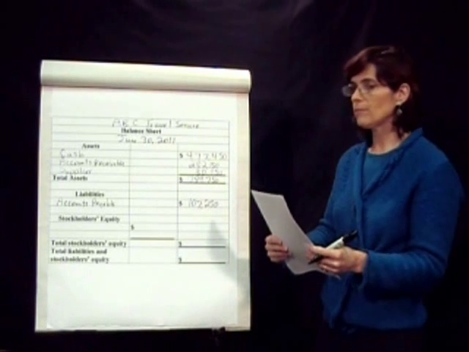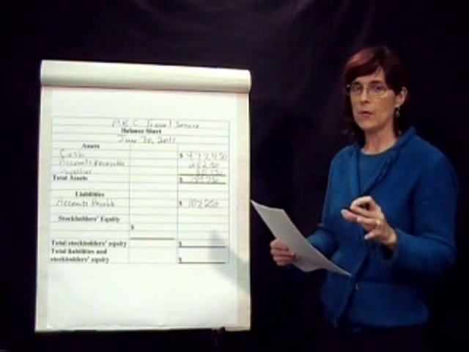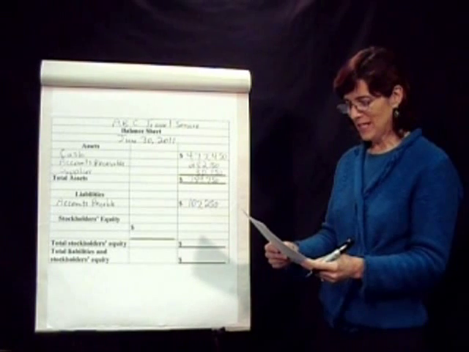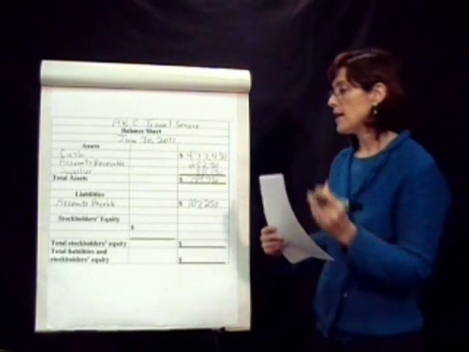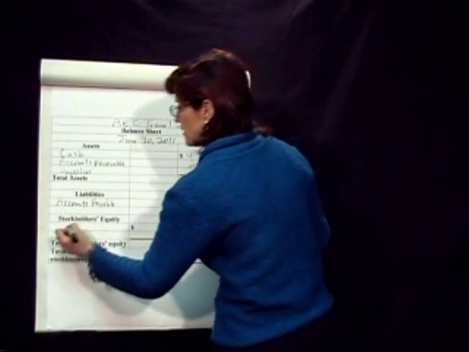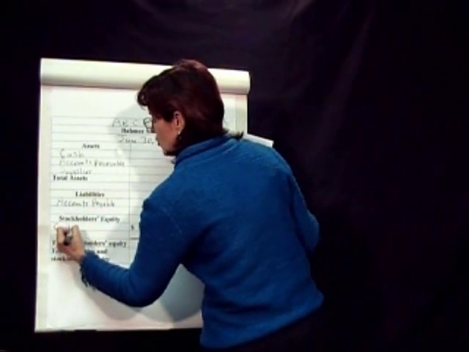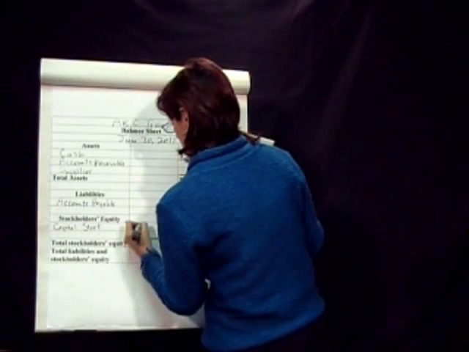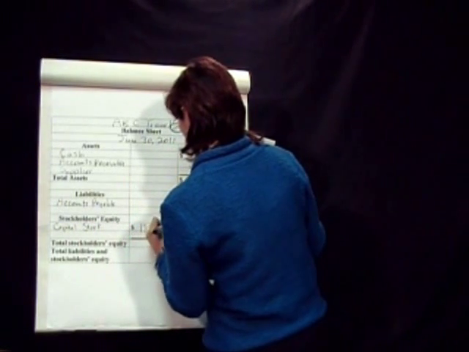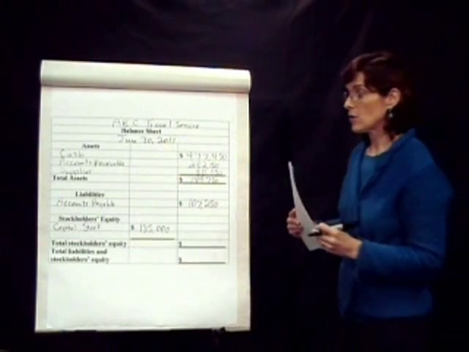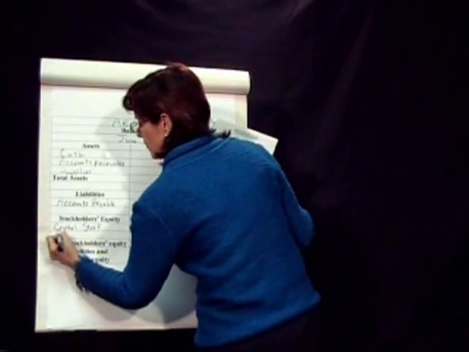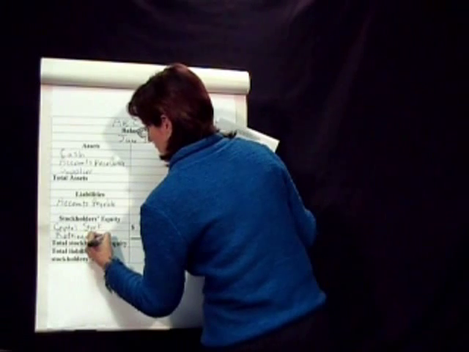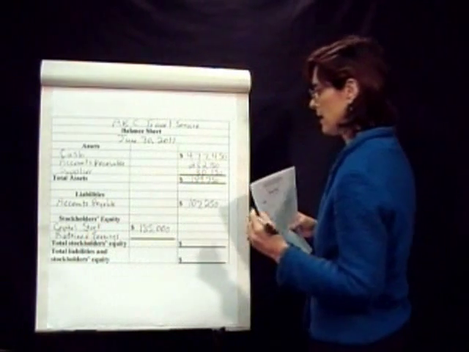On the stockholders' equity section, we're going to have two accounts for right now. Later we'll learn about some more detail that we could add to this, but for right now we're going to have capital stock. That's the stock that's been purchased by our stockholders, that we've issued to stockholders, of $135,000. And retained earnings. It's all the net income that's been retained in the business since it started, minus any dividends paid.